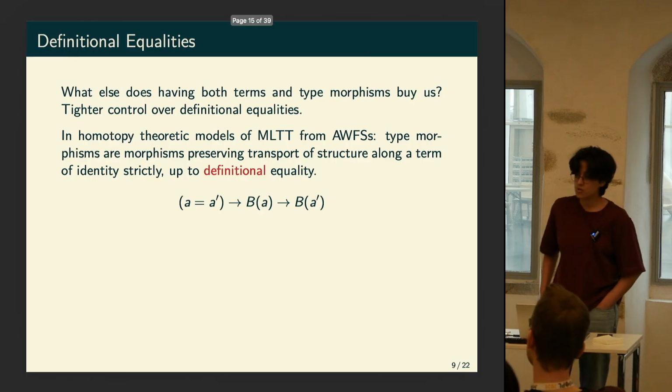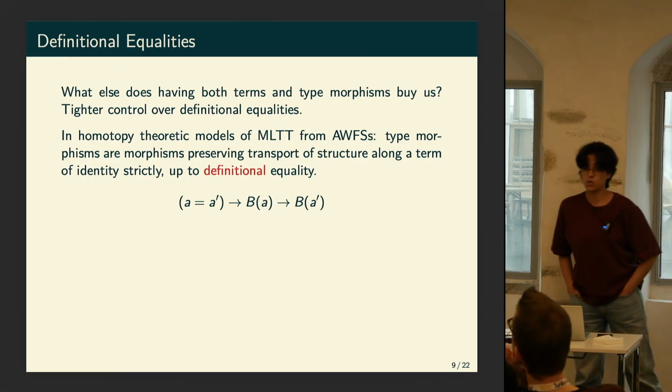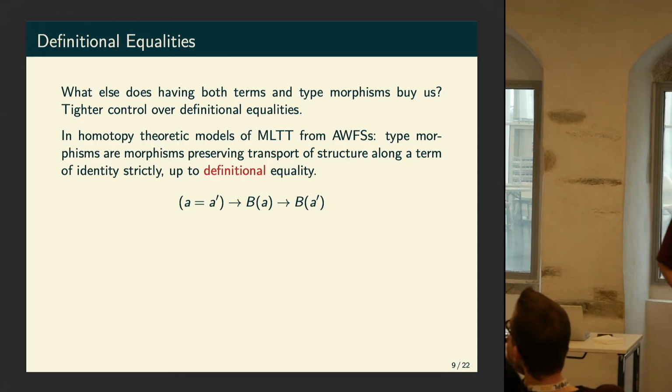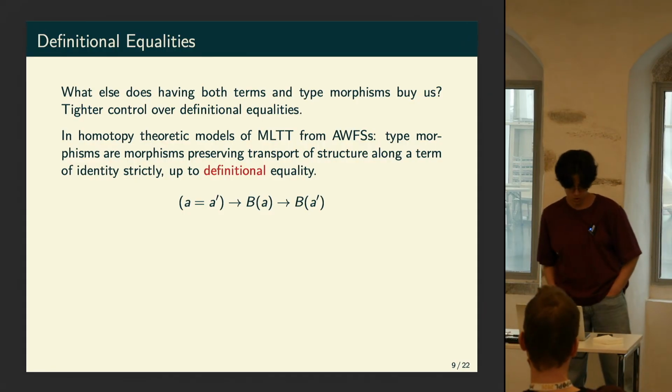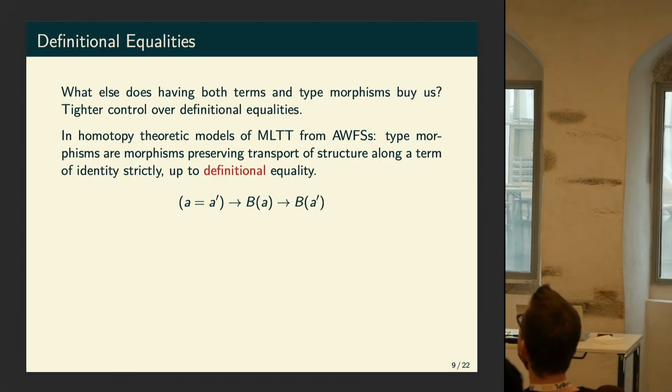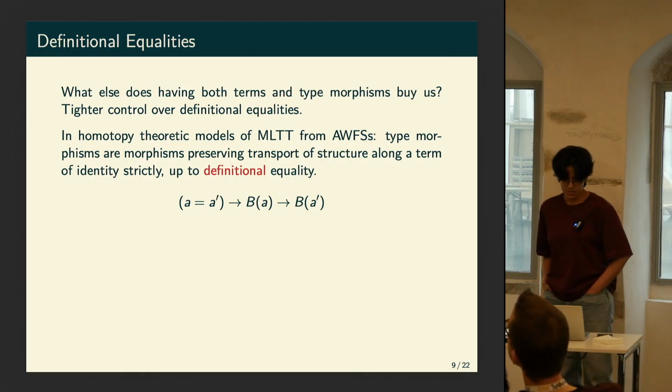Yes. So I already told you an interesting feature you will lose is coercive subtyping, but what else? Maybe we have other things. So we also argue that having both terms and type morphisms could buy us a tighter control over definitional equalities. What do I mean by this?